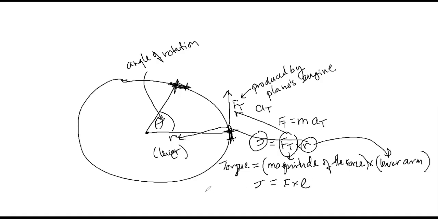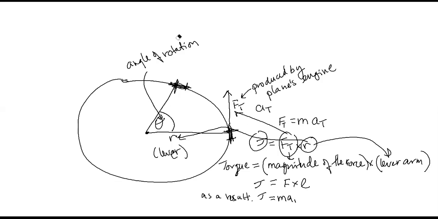As a result, now we can say that the torque is equal to m a sub t times L. But the L here is R, of course, so let me correct that.